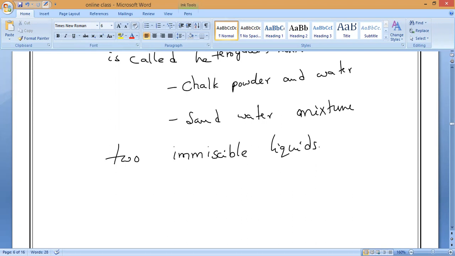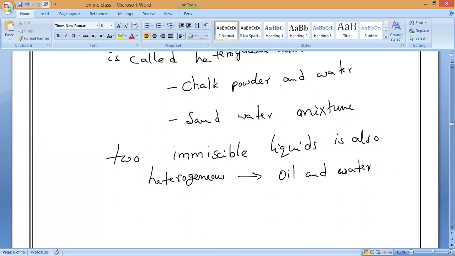They do not mix. Example, oil and water mixture.